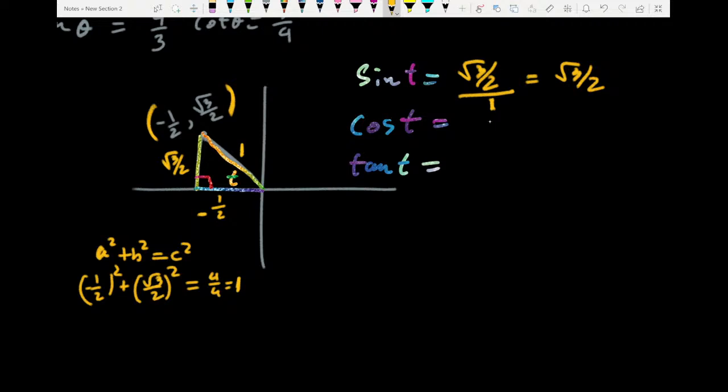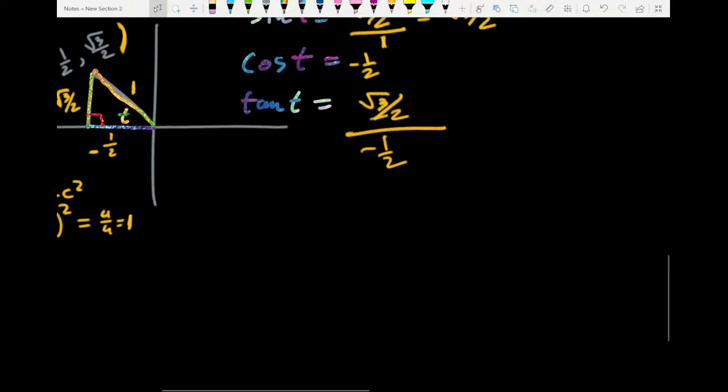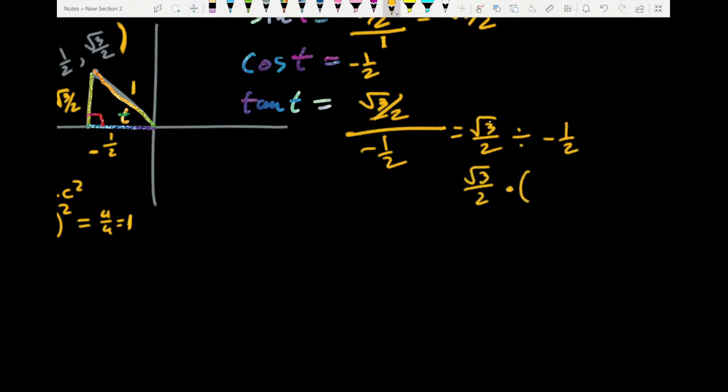So cosine of T would be adjacent over hypotenuse, and we know hypotenuse is just 1. Tangent would be opposite over adjacent. So let's simplify that. Quick refresher: you just multiply by its reciprocal. It cancels out, and you get negative square root of 3.